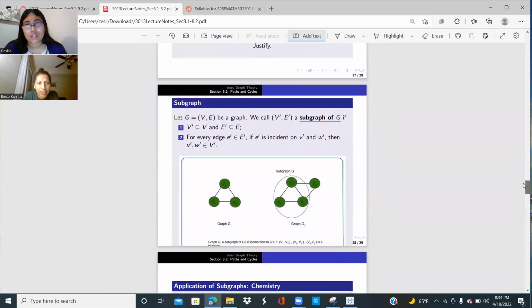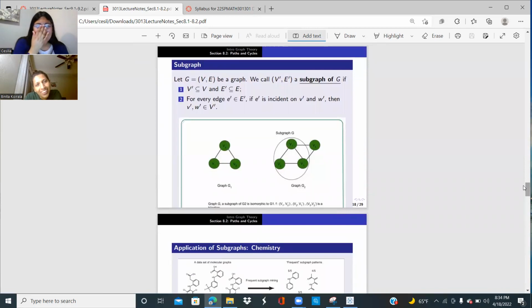Okay. Graph. Let G equals (V, E) be the graph. We call (V naught, E naught) a subgraph of G if V naught is a subset of V and E naught is a subset of E. What is this V? I think that's supposed to be V naught.